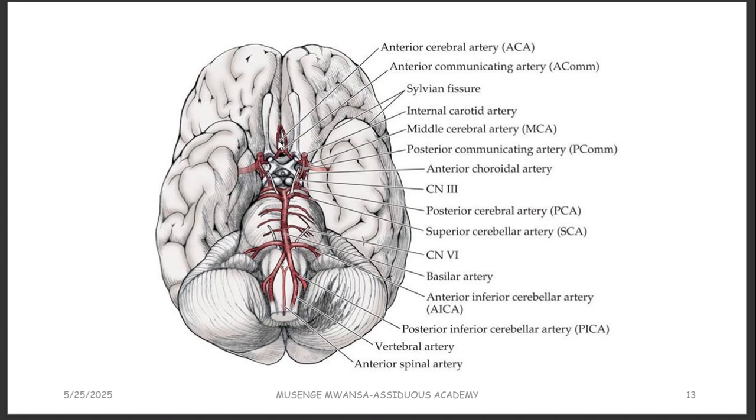You have got what we call the optic chiasm. When you look at our eyes, for you to be able to see, you have got cranial nerve number 2, the optic nerve. So the optic nerve carries information from what we call visual fields. And again, we will discuss this very much as we talk about the special senses in neurophysiology.